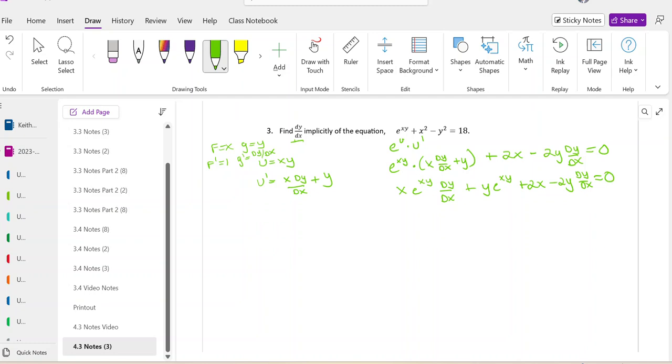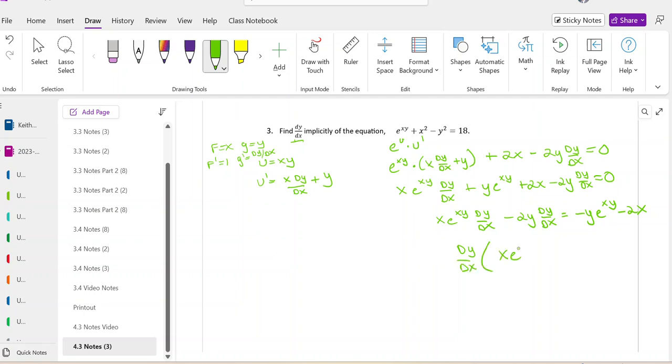Now remember, you want everything with a dy dx on one side. So we'll keep it and everything else will move. So we have x e to the xy dy dx minus 2y dy dx equals negative y e to the xy minus 2x. Then you factor out the dy dx.